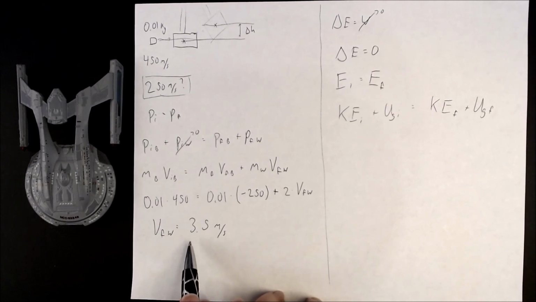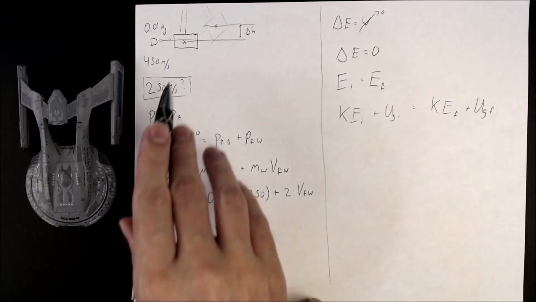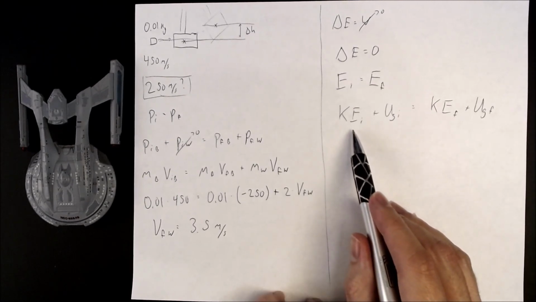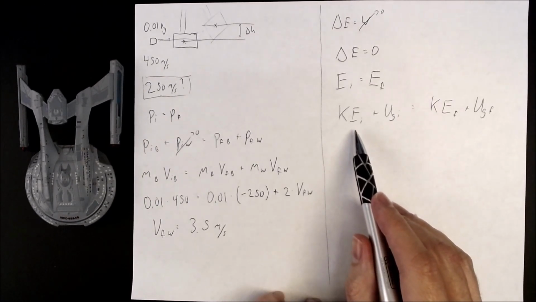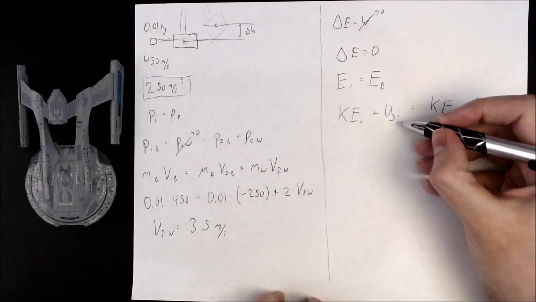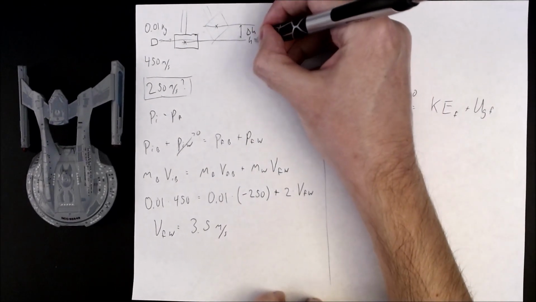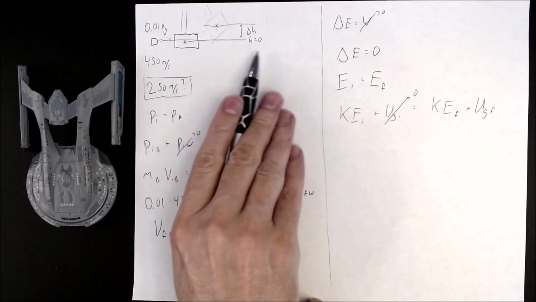We can plug in the 3.5 meters per second that the block is moving after the bullet ricochets off. We can plug that in for the velocity we'll use here. The gravitational potential initial is still going to be 0 if we define h equals 0 to be the original center of mass.